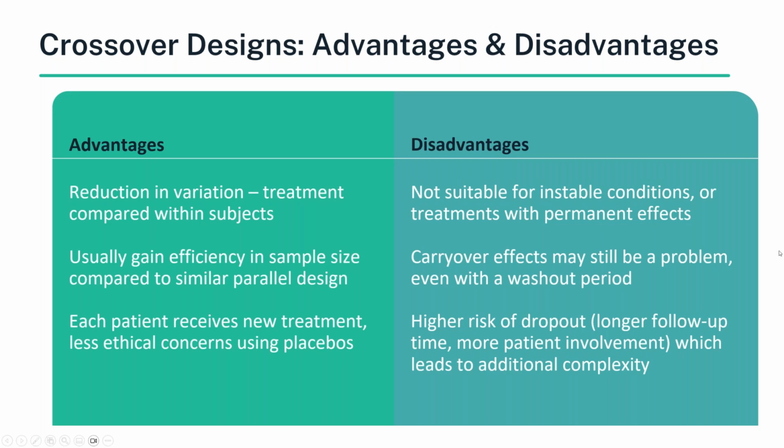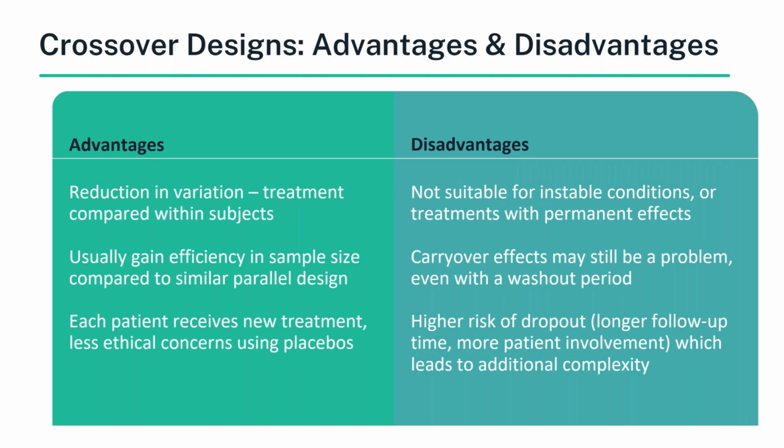And then lastly, there's a higher risk of dropout in crossover studies for two main reasons. The first is that there's more likely to be a longer follow-up time than there would be in a parallel trial.